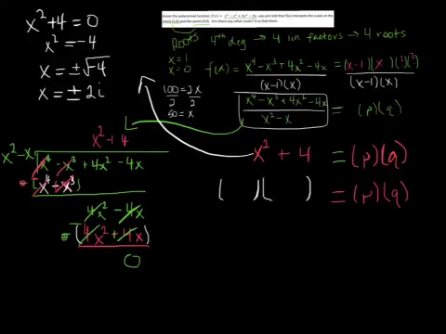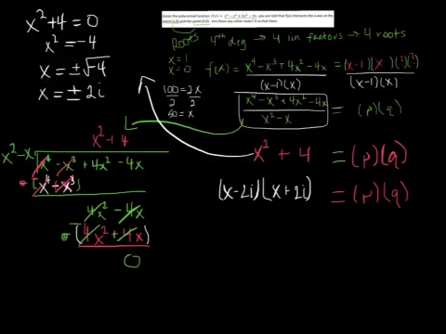So my factors are going to be x minus 2i. Now think about it. If your first root is plus 2i, well, you'll need minus 2i so that it goes to 0, and your other factor will be x plus 2i. So the two factors that you were missing, P and Q, are x minus 2i and x plus 2i.